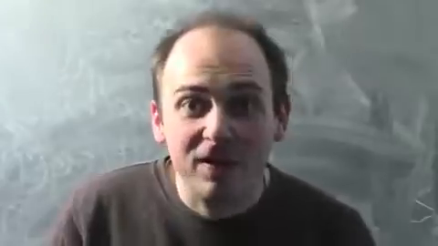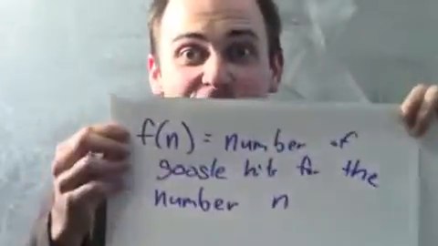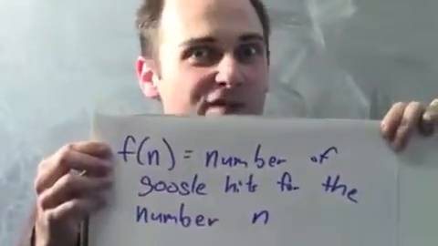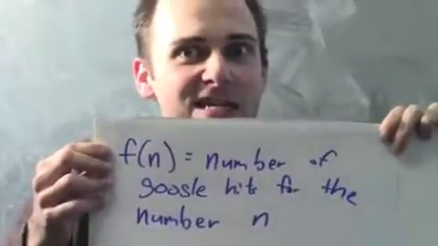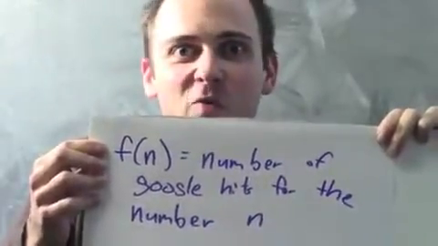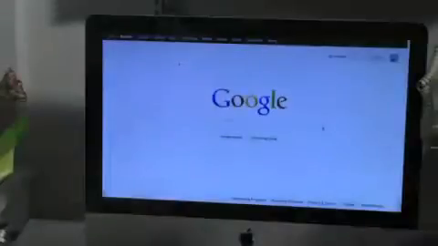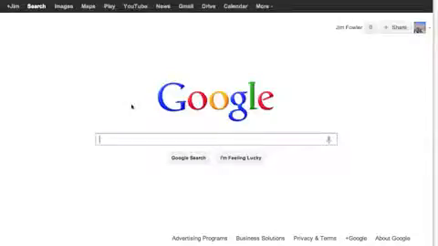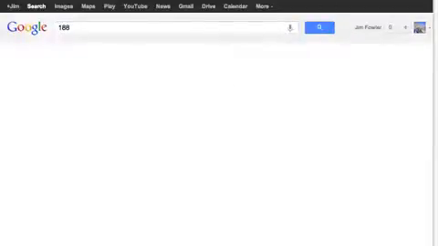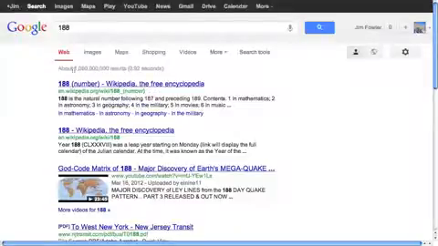And as long as we're searching the internet, here's another example of a real-world function. It's a function I'll call f of n, and it'll be defined by the rule f of n equals the number of Google hits when we search for the number n. Let's try it out. Let's figure out some values of this function, like f of 188. So I plug 188 into Google, and I find that there's about 1.08 billion hits.